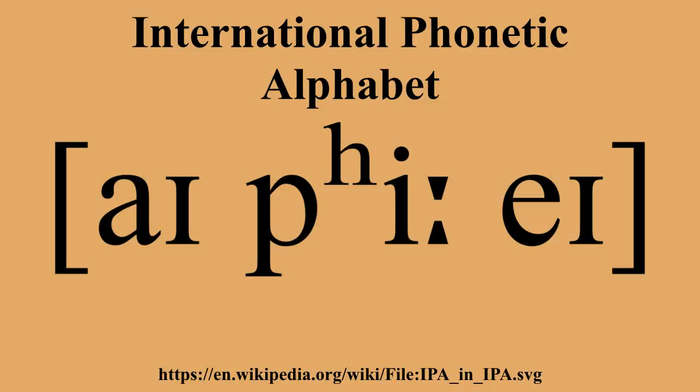Other letters may differ from English, but are used with these values in other European languages, such as j, r, and y. This inventory was extended by using small capital and cursive forms, diacritics and rotation. There are also several symbols derived or taken from the Greek alphabet, though the sound values may differ.